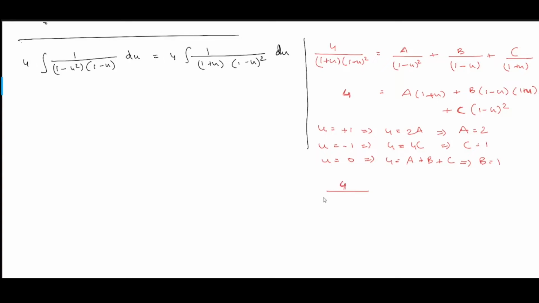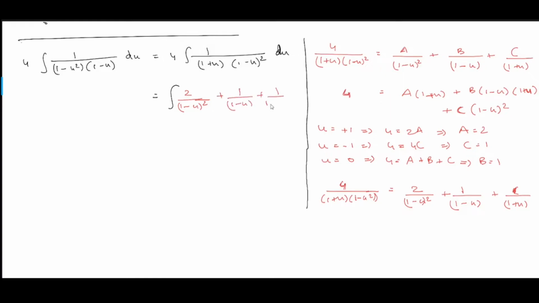So 4 by 1 plus u into 1 minus u squared is equal to 2 by 1 minus u whole square plus 1 by 1 minus u plus 1 by 1 plus u.